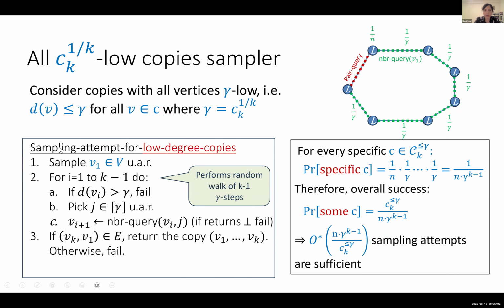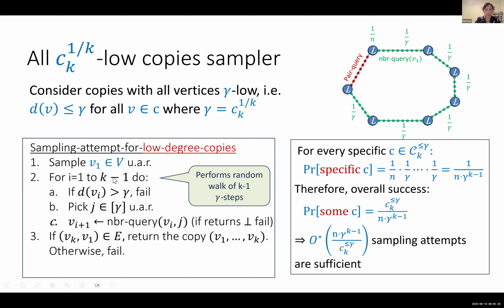So we are going to attempt to sample a low degree copy as follows. We first sample a vertex in the graph uniformly at random, and then we proceed in k minus 1 iterations by performing a uniform random walk of k minus 1 steps.